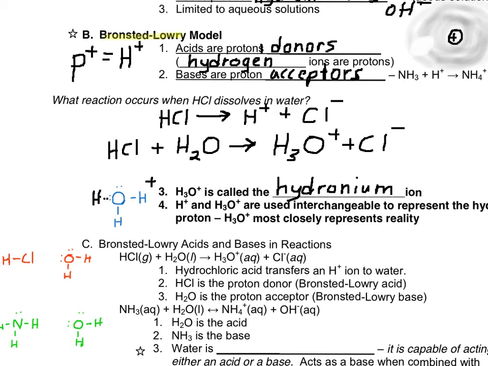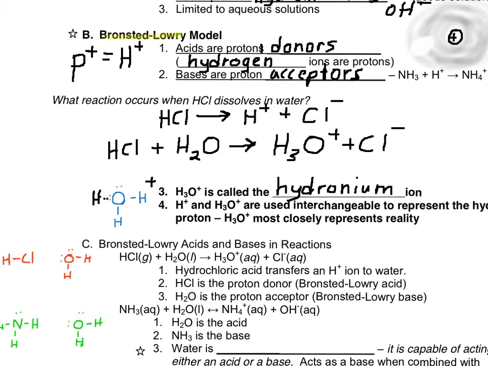Now here's the most important thing for you guys to get out of this. These two reactions, they're the exact same reaction, exactly the same. The reactants are the same and the products are the same, even though they don't look the same. You have to be able to write this reaction either way.